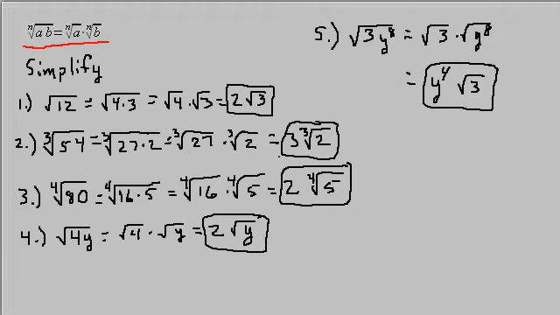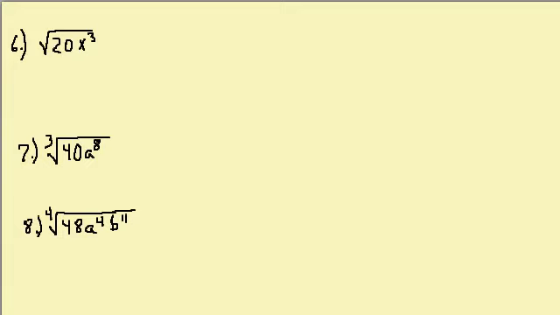Let's take a look at some more. We have the square root of 20x cubed. So let's simplify this. 20 we can rewrite as 4 times 5.